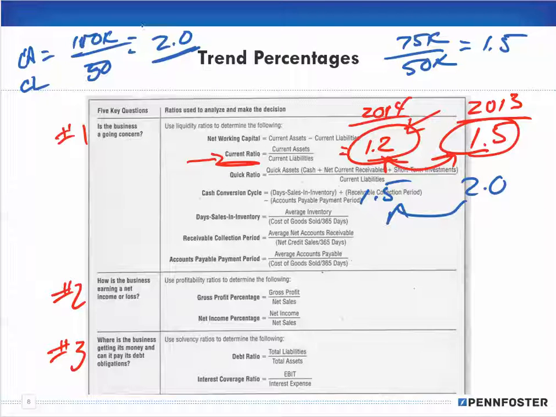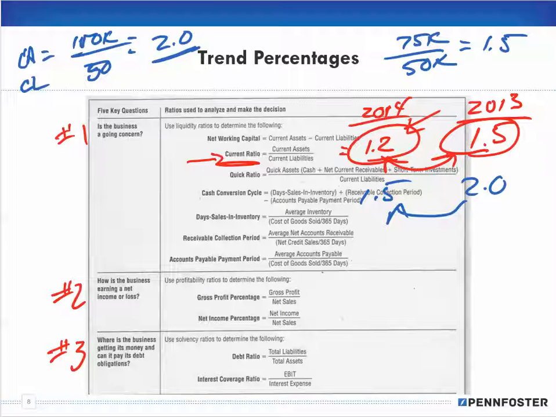Why is it good or why is it bad? Well, my current assets went down, which means I have less in assets in order to pay off the obligations in my current liabilities. So what I'm getting at is, to know whether these numbers are good or bad, you play with different scenarios, just like I did here.